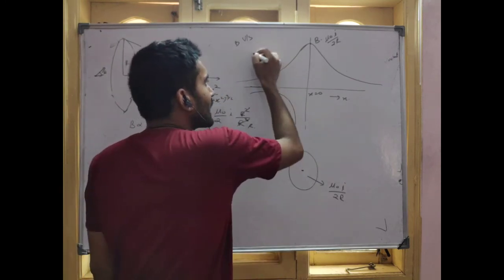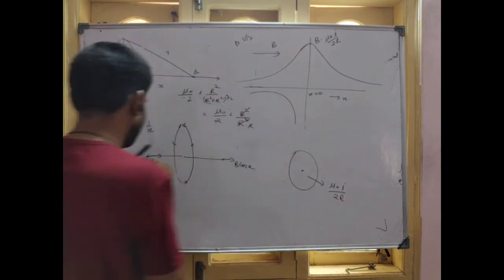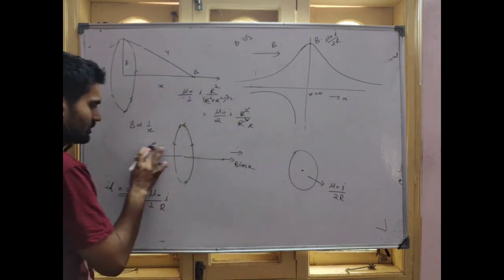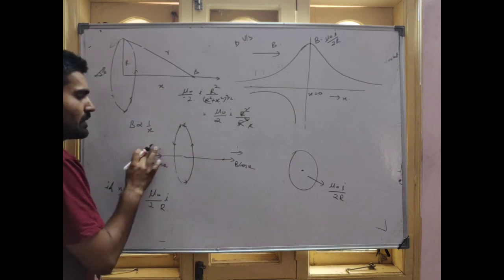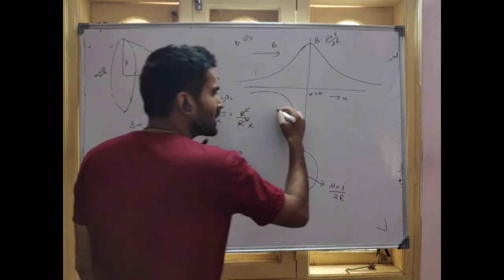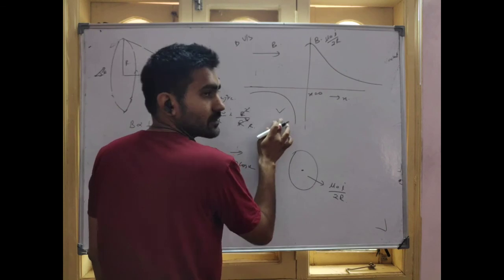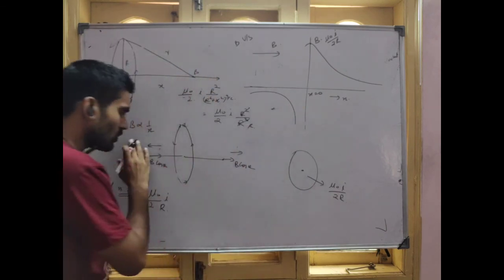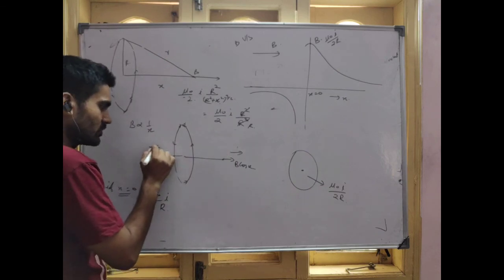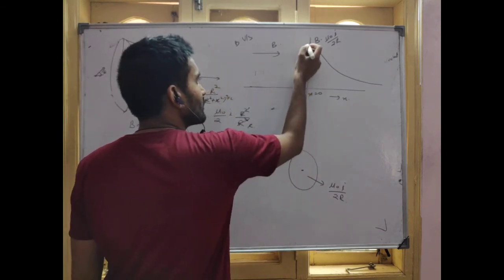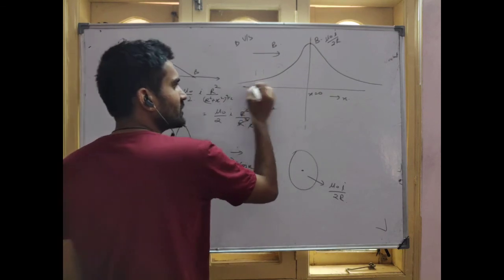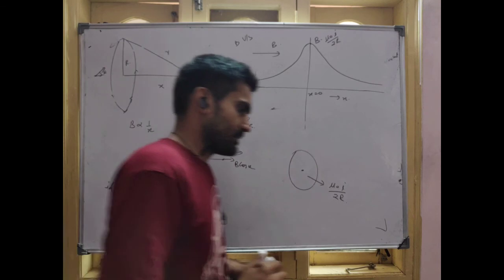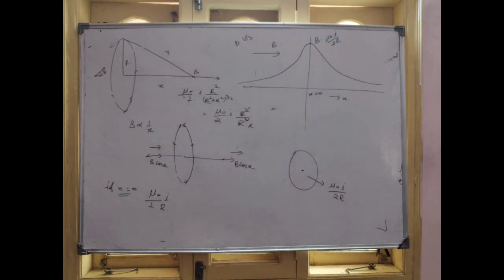Why? Because the magnetic field is in this direction only. If suppose the magnetic field were in this direction, then it would be correct like this. But the magnetic field is only in this direction, so this will not be correct. Only this one will be correct. So it will meet at infinity. Is the point clear? Tell me. Okay, take this down.